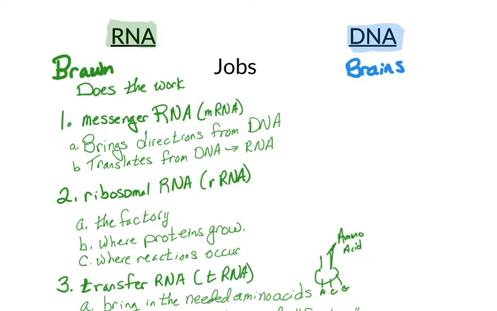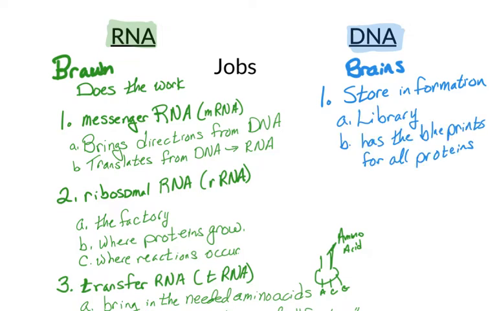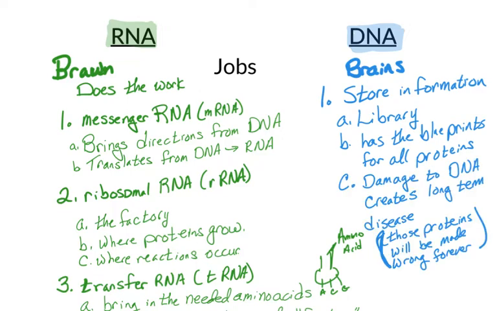The only real job that DNA has is to store information. So it's like a library. It holds the blueprint. It tells the directions of how to make every type of protein in your body. So DNA is vital, and it cannot be destroyed easily, because a mistake there goes throughout the whole system. If your RNA makes a mistake, it makes it to one single protein.